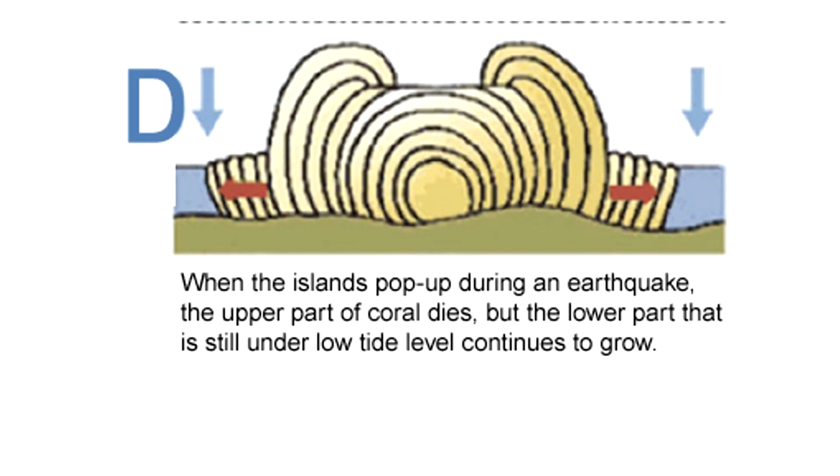When the island pops up, this is the case of uplift, or you have sea level fall. The previous sea level was this one, hence it allowed the coral to grow up as well as laterally.